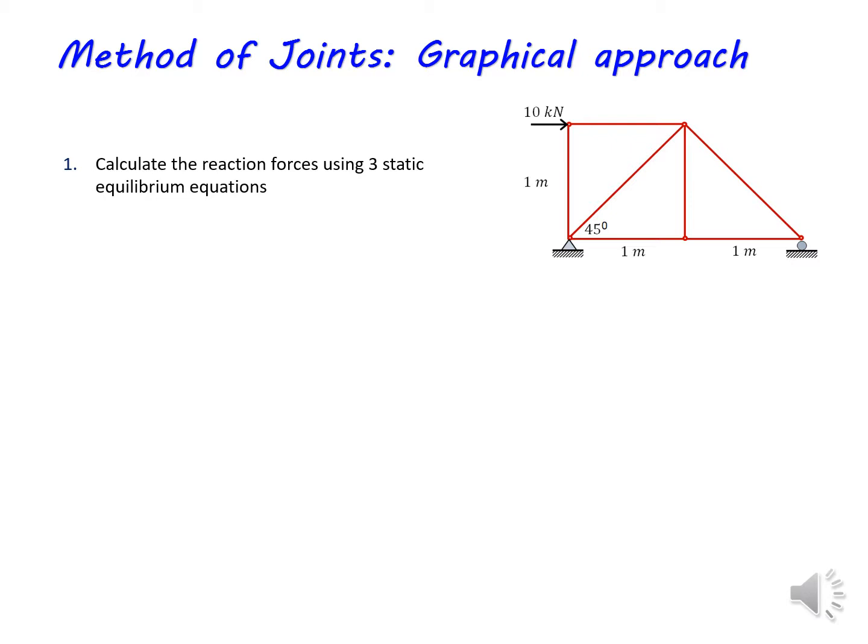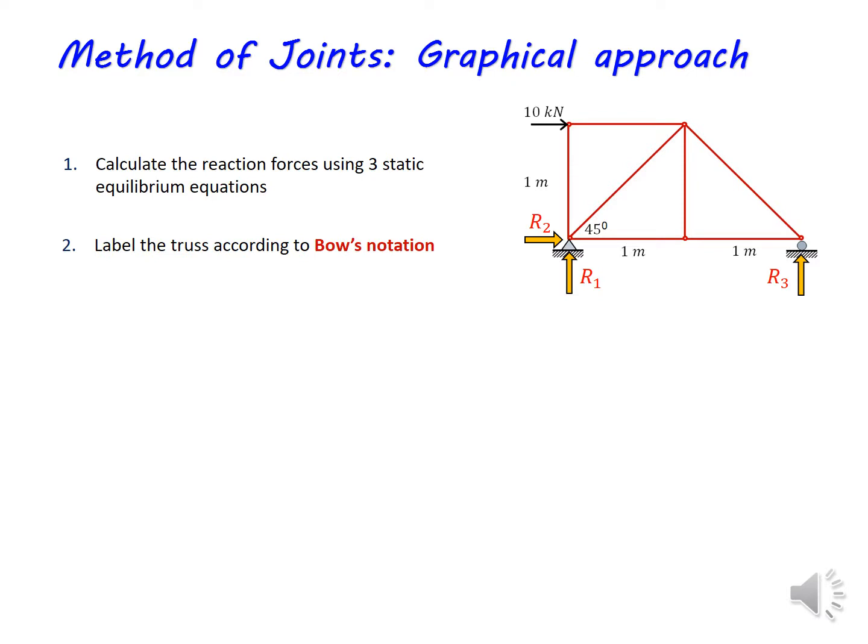For this structure, the pin support has two reaction components, R1 and R2, and the roller support has one reaction force, that is R3. So using the three static equilibrium equations, we can calculate the three unknown reaction forces. That is the first step we should do.